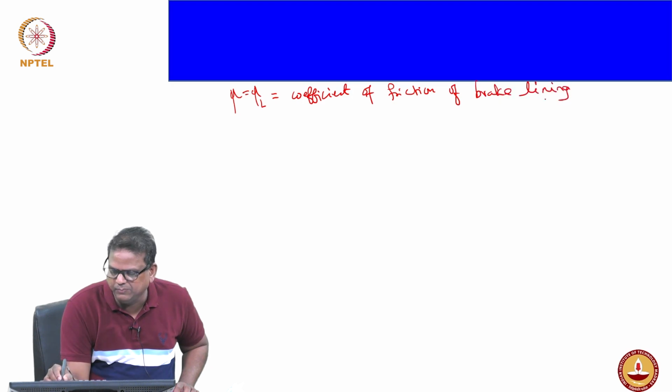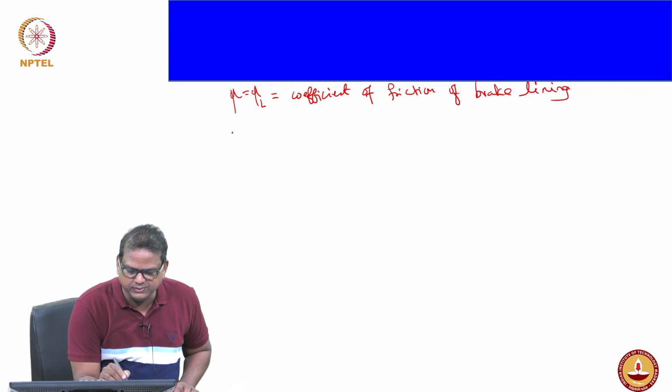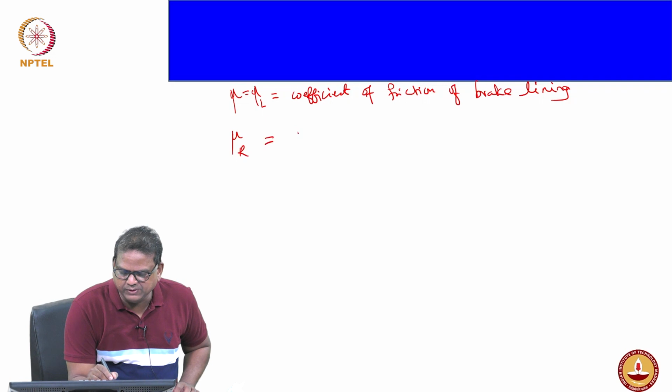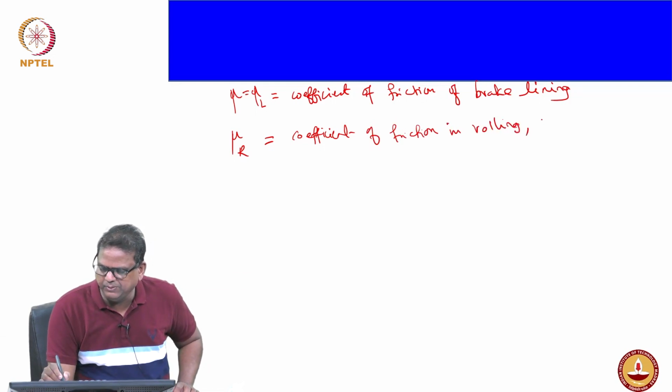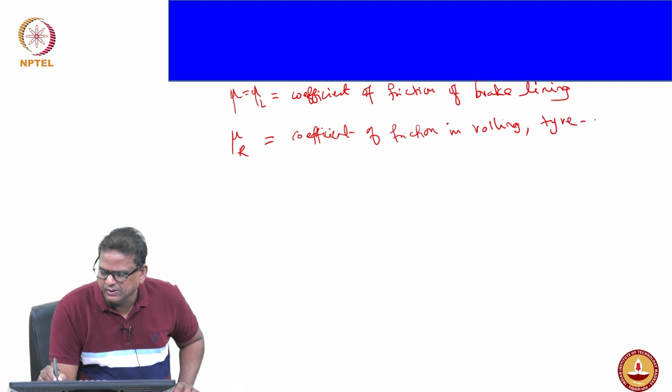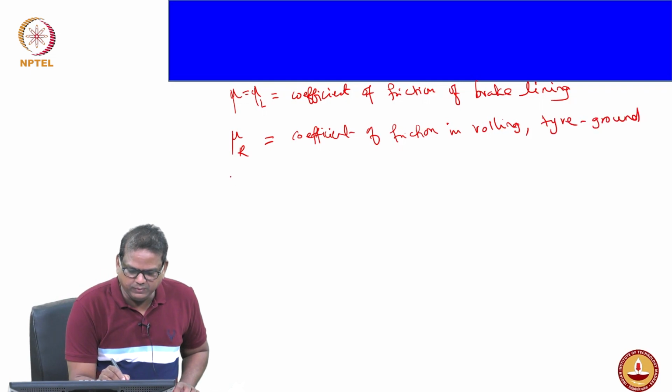The other one is mu R, the coefficient of friction in rolling, that is between tire and ground. The third one is mu S, called road adhesion.